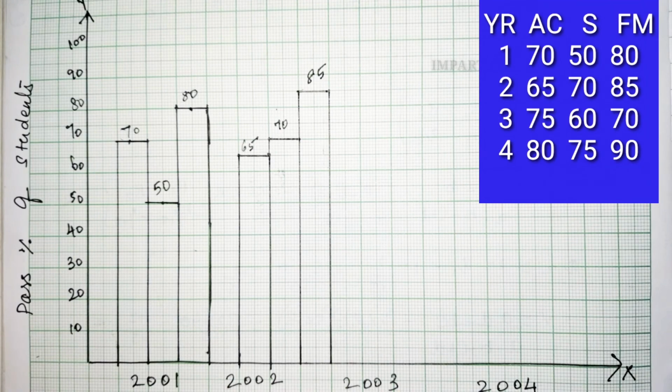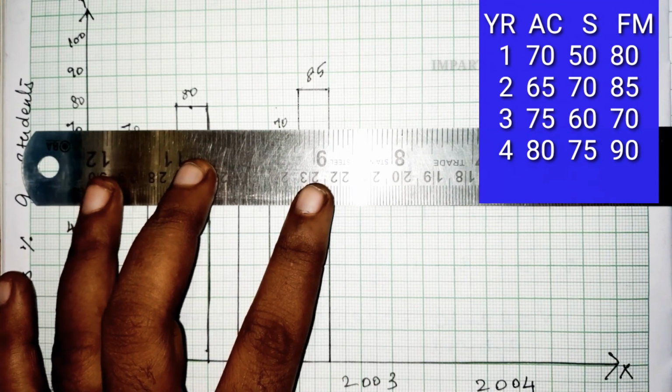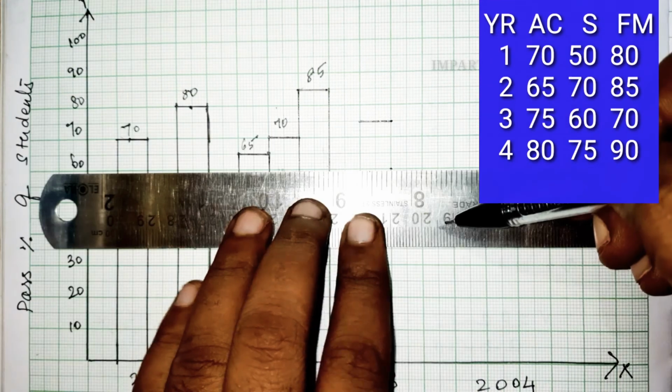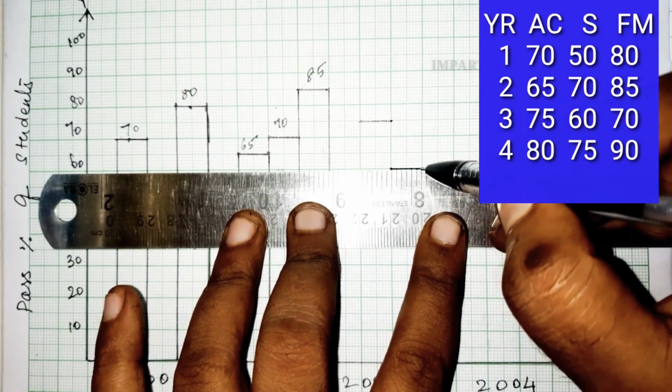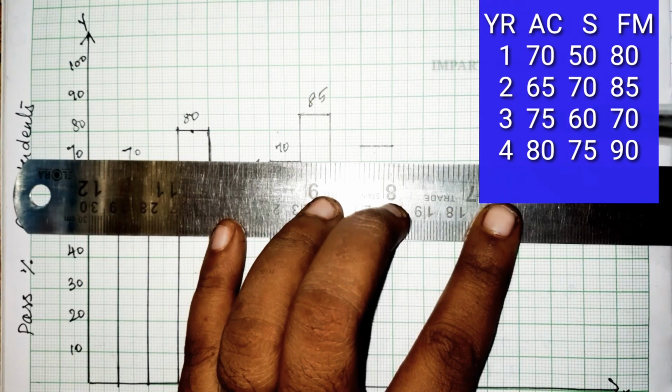Now for the year 2003, pass percentage for accountancy is 75. 75 is some point here. Pass percentage for statistics is 60. Pass percentage for finance management is 70.